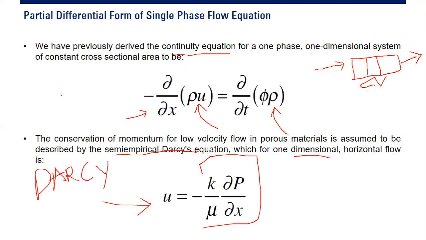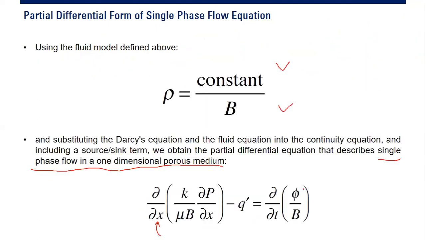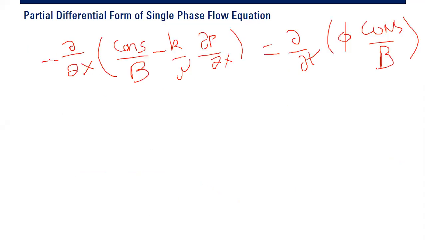It is mentioned that we include a source or sink term. First we erase the negative, because minus multiplied by minus is positive. So we have d/dx, and the constant can be eliminated because we have a constant on the left and on the right.